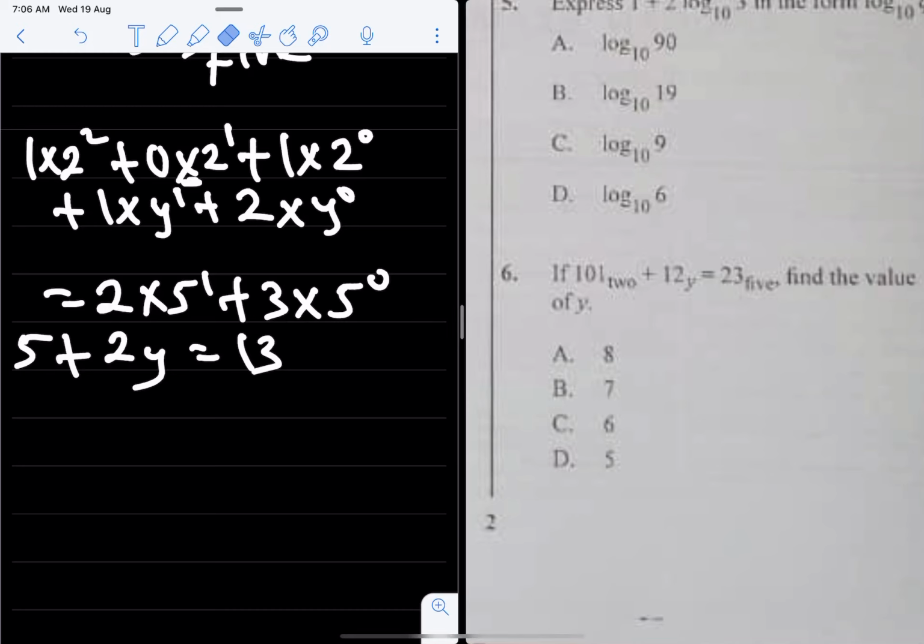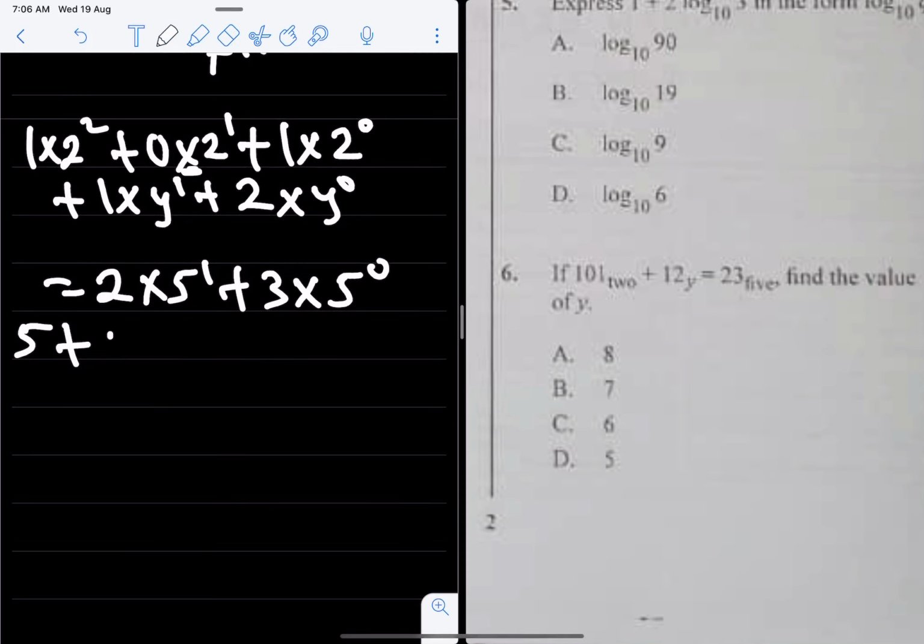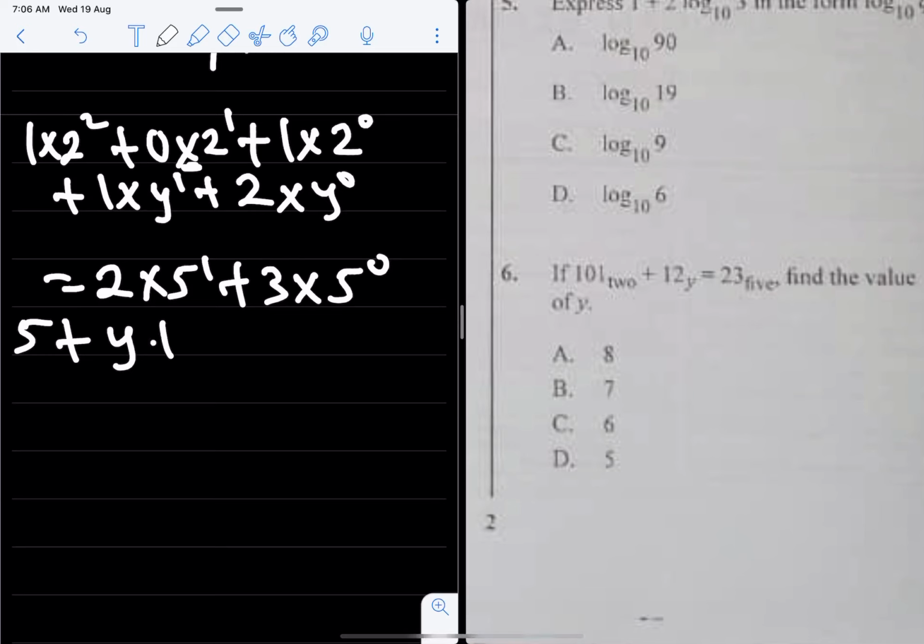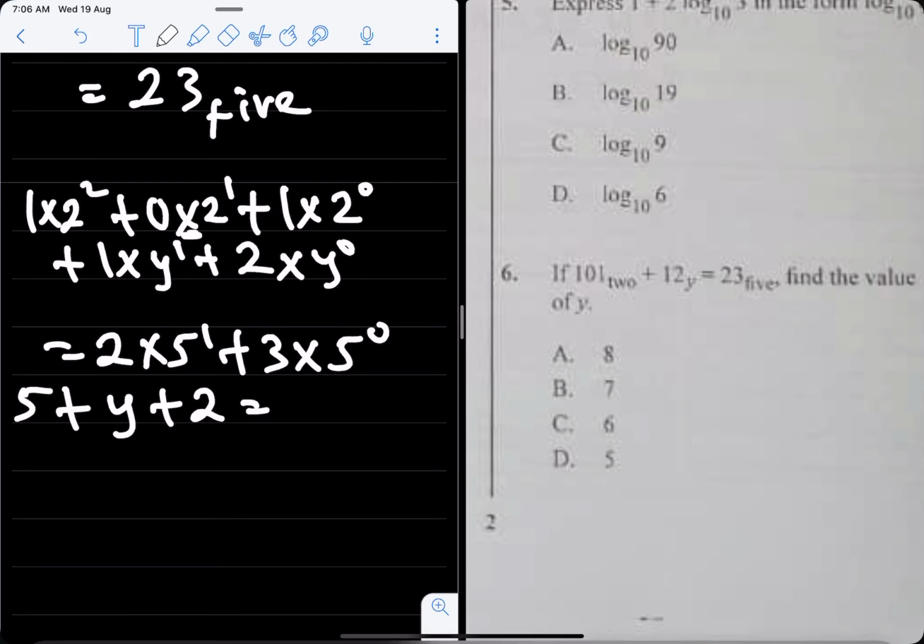This will be y plus 2 times y raised to power 0 is 2. Y plus 2. Oh, that's it, it should be y plus 2. 1 times y raised by 1 is y, plus 2 times y raised by 0 is 2 times 1, which is 2, equals 2 times 5, 10, 10 plus 3.